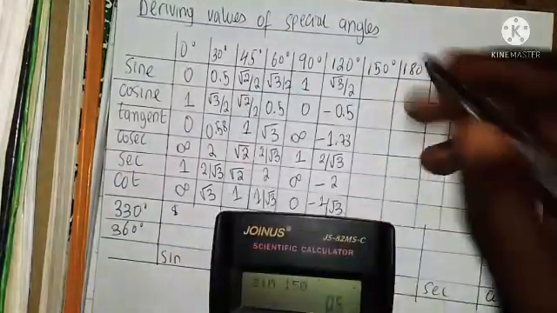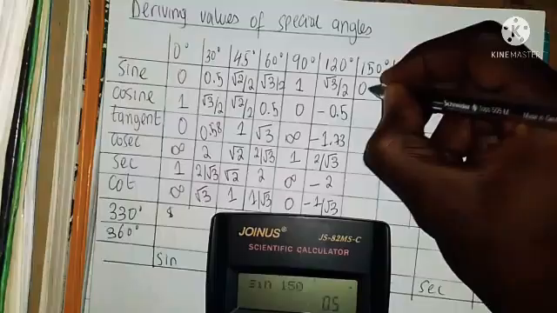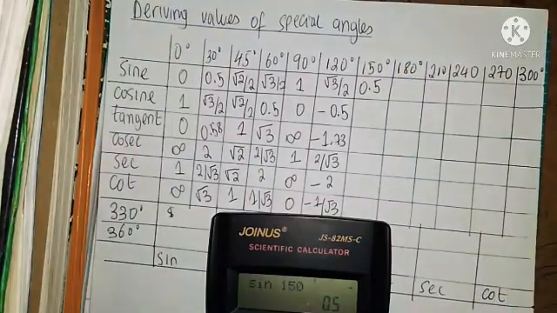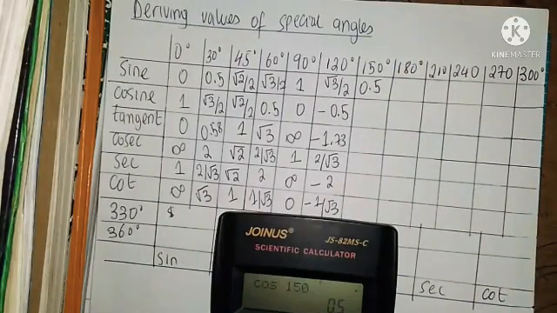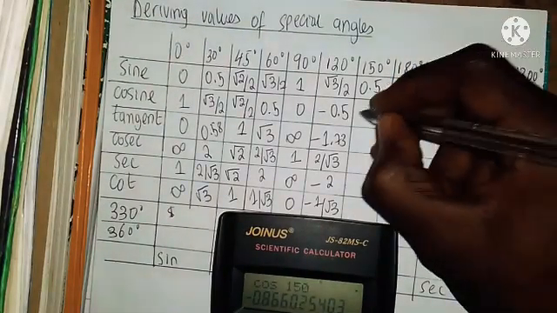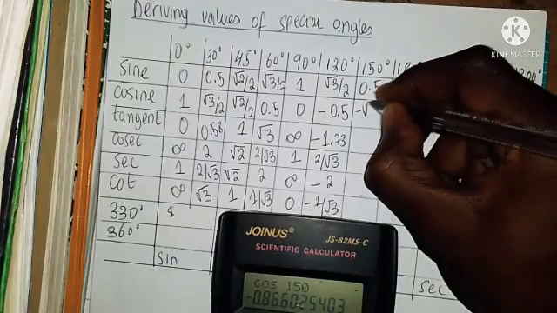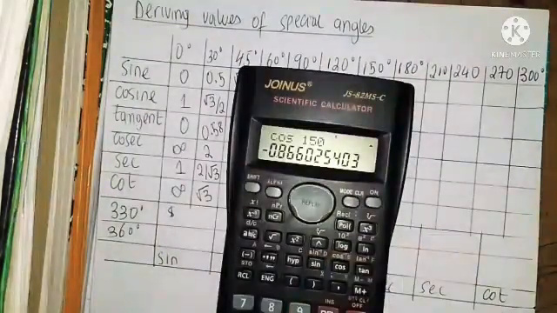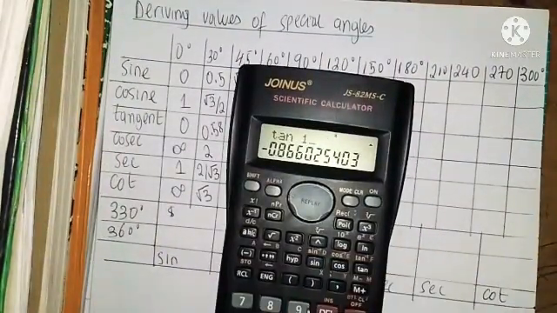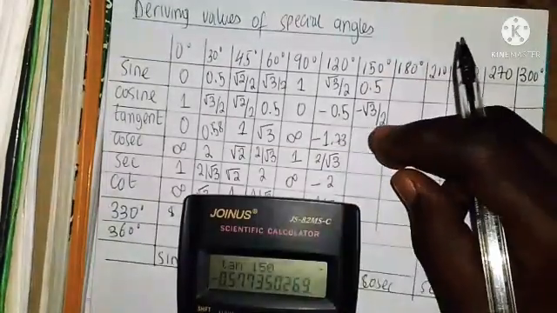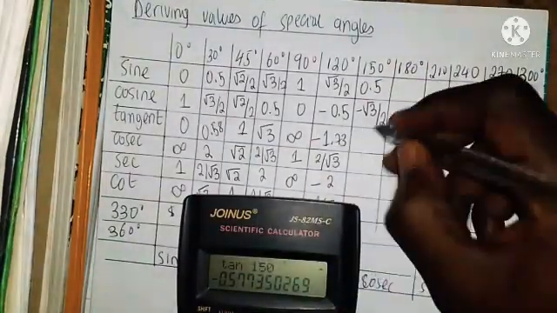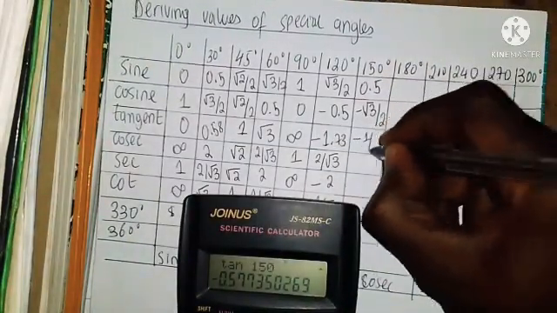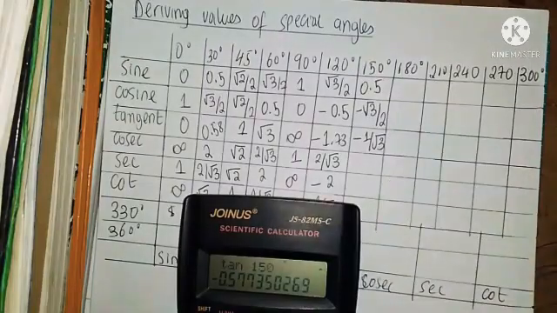Now let's move to sine 150. This is 0.5. Cos 150 is negative root 3 on 2. Then tan 150 is negative 1 on root 3.